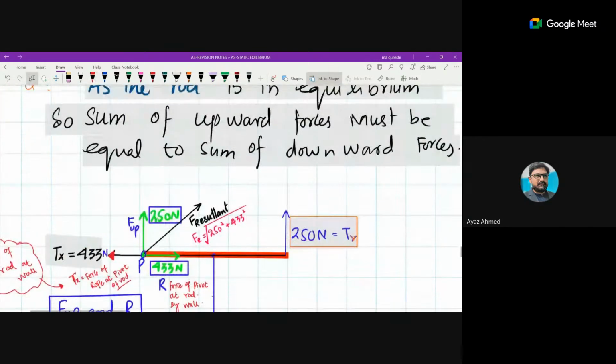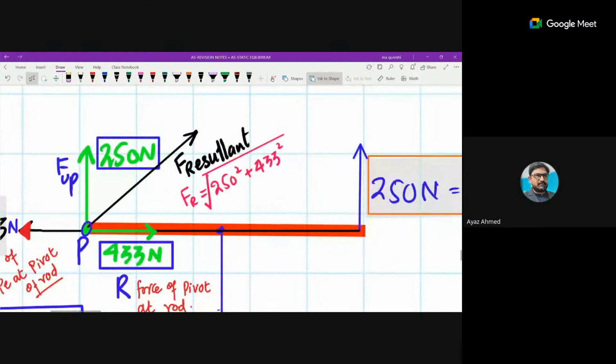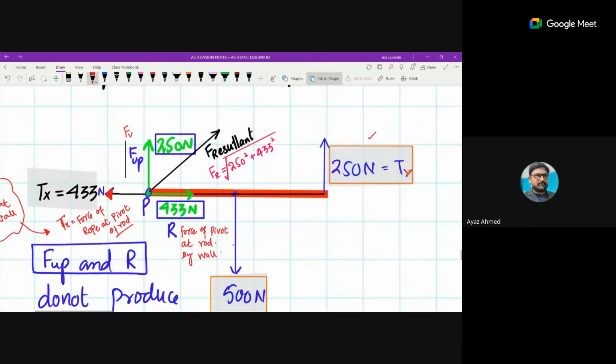Now there is a problem in that one. The problem is this green one is the normal reaction force. So 433 Newton is acting towards right, isn't it? And how much force should be there? A force should be there which would be used to balance 500 Newton, because that is 250, that is 500.